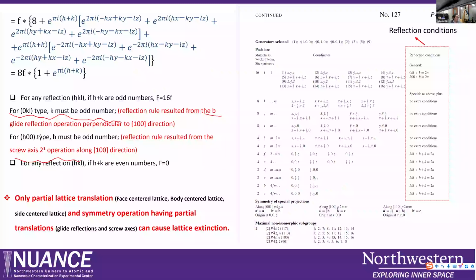And the H00 type is actually an extinction rule related to the screw axis. So only partial lattice translation, like FCC centered, BCC centered, side centered lattice, and symmetry having partial translation can cause lattice extinction. For all the others, there is no lattice extinction.